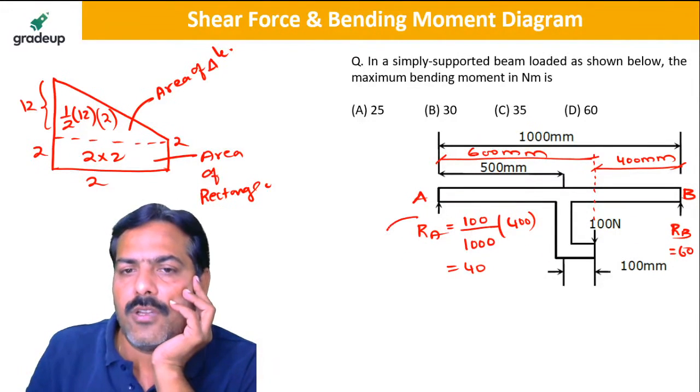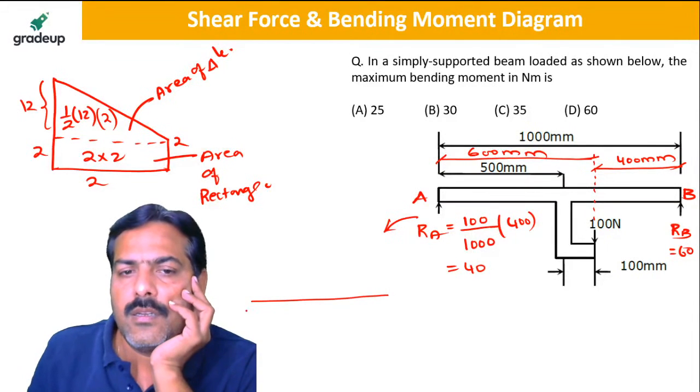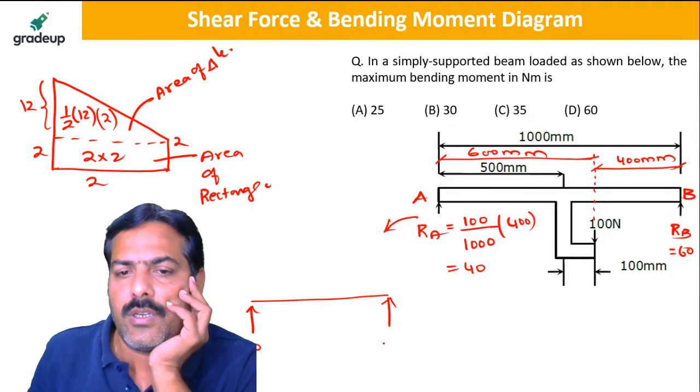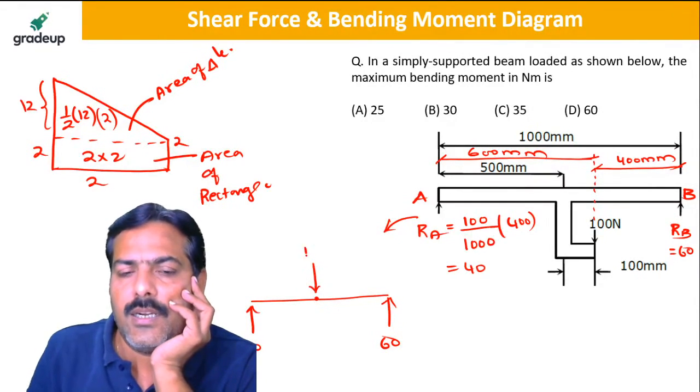So this beam can also be redrawn as 40, 60, and at the center you see that 100 is left over along with a clockwise moment, 100 into 100.